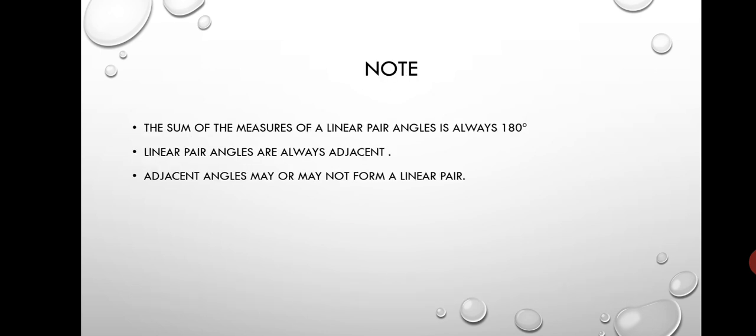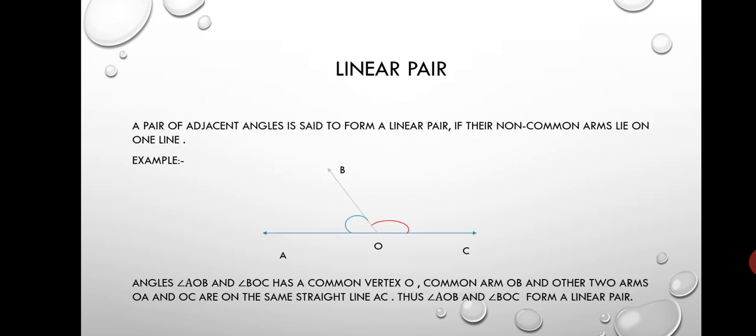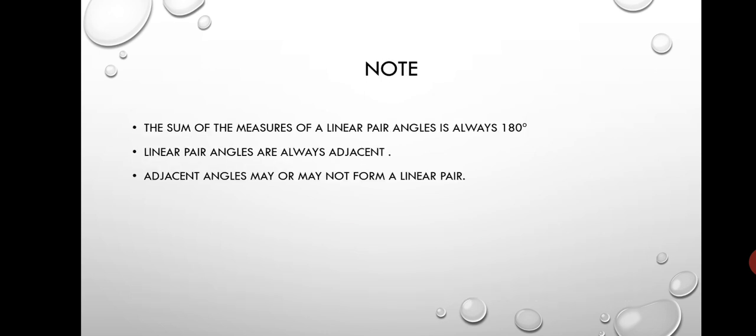The sum of the measures of a linear pair of angles is always 180 degrees. If you look at this figure, the addition of angle AOB and angle BOC should be equal to 180, because we know that a straight line always forms an angle of 180 degrees.